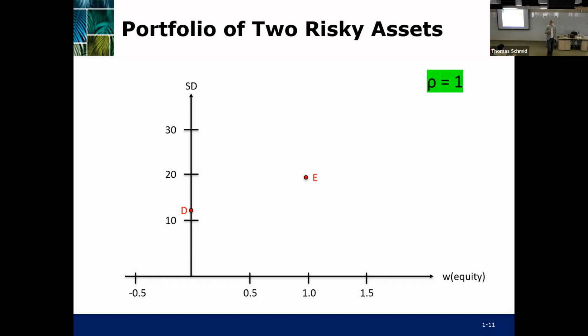The +1 case, the boring case, is just linear, right? It's just a weighted average. It's just a straight line. With +1, standard deviations, risk behaves like returns. So if we invest half-half, we get just the average risk of the debt and the equity fund. Okay? Very simple.